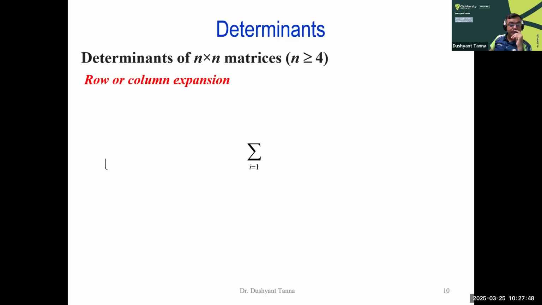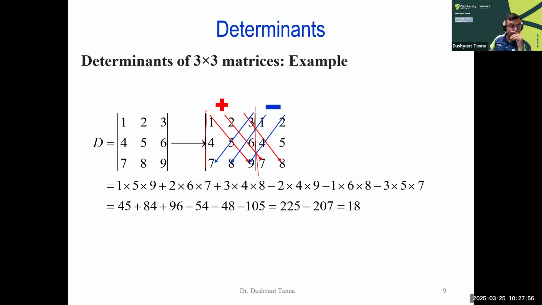Now let's look at our traditional method. Before we go further, I think I should have written it here.